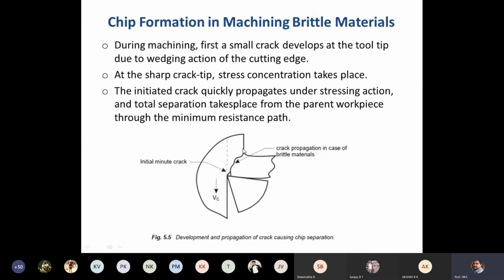So here you are not able to get a continuous chip, whereas in case of ductile materials, before complete separation takes place, the chip moves further because of no stress. Complete separation was not taking place. Whereas in brittle material, this crack will propagate quickly and it will break, resulting in complete separation. That is the difference.